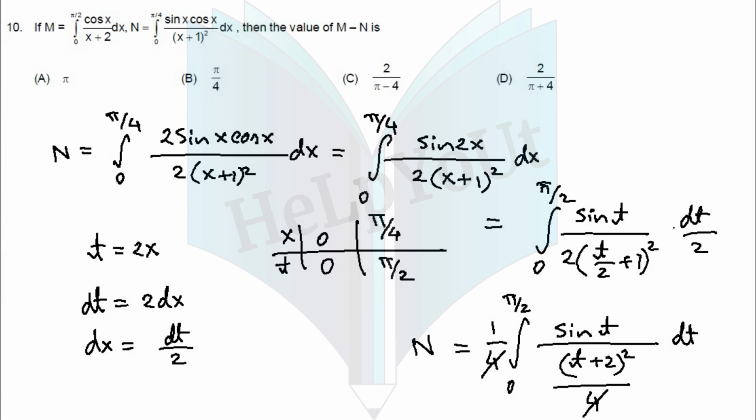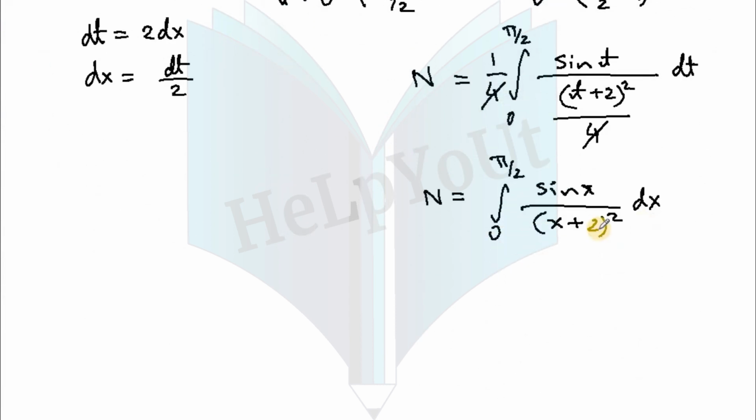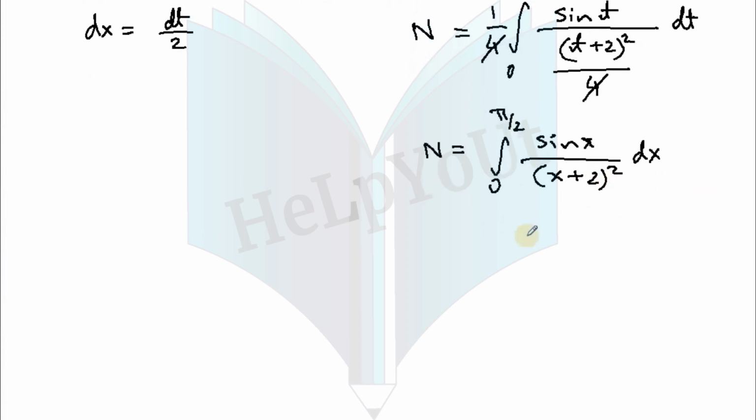Cos x is the derivative of sin x, and again x plus 2 whole square is here. Something similar. We are going to use by parts. So here u will be sin x, and dv equals x plus 2 to the power minus 2.